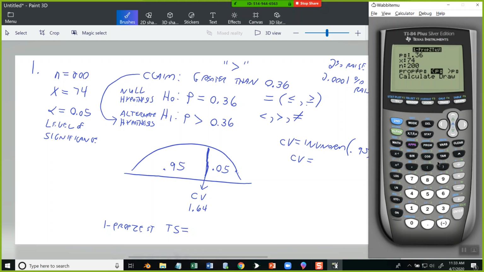Now this next line is asking for the symbol off of H1. The symbol on H1 is a greater than. So I want to right arrow until my flashing cursor is on a greater than symbol, and then I press enter. Again, that'll always match your symbol off of H1. And then down arrow to calculate and press enter.